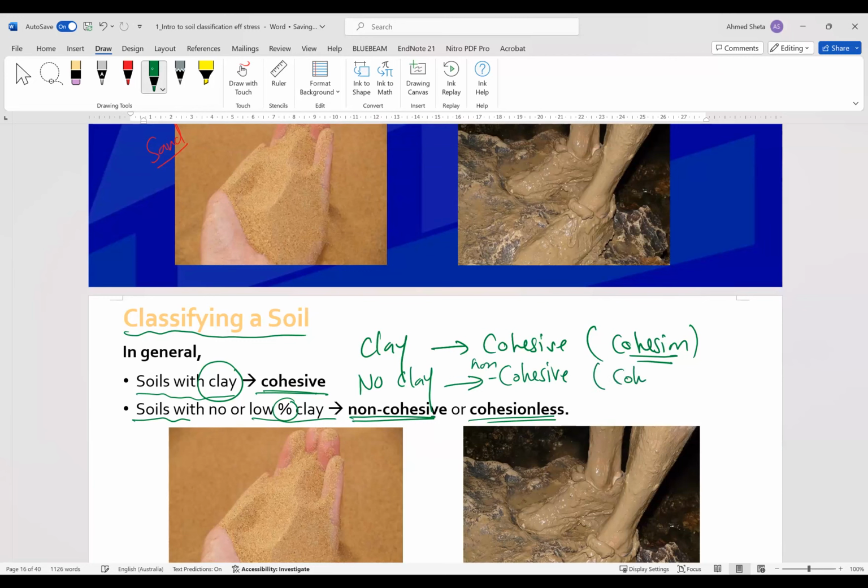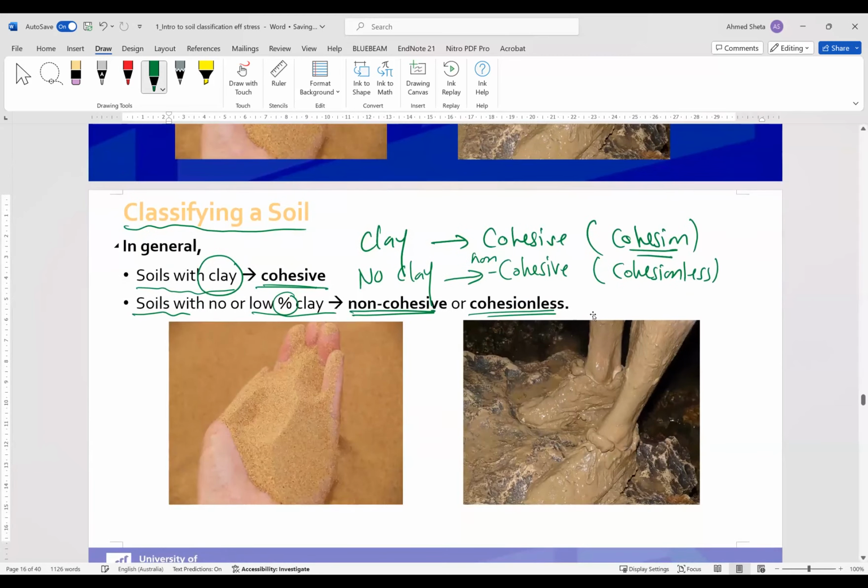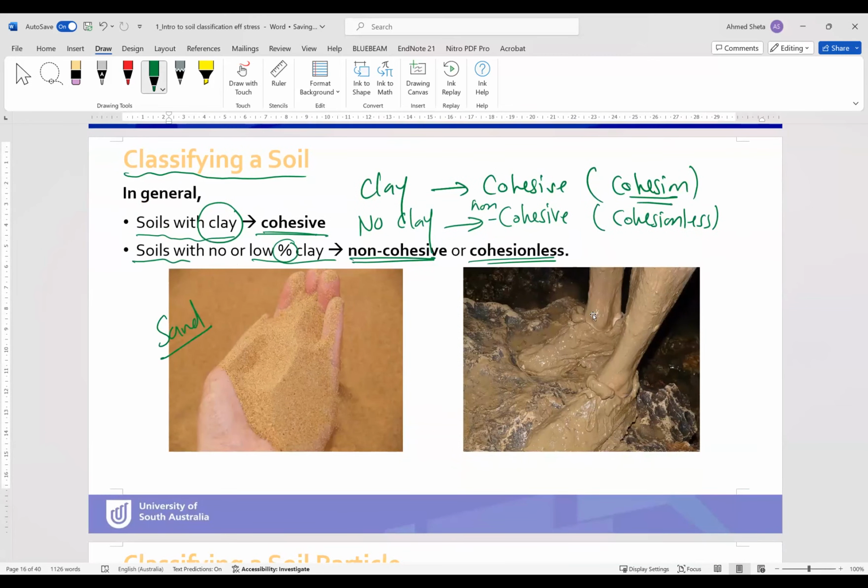When we look at these two images, we have sand. The sand is considered cohesionless soil because there is no clay in it. And the clay is cohesive because this is one of the properties of clay.